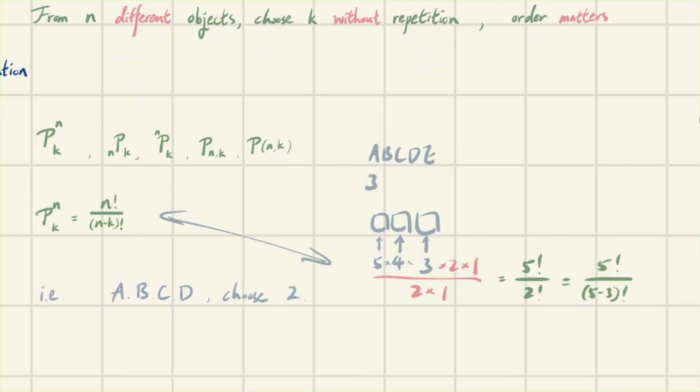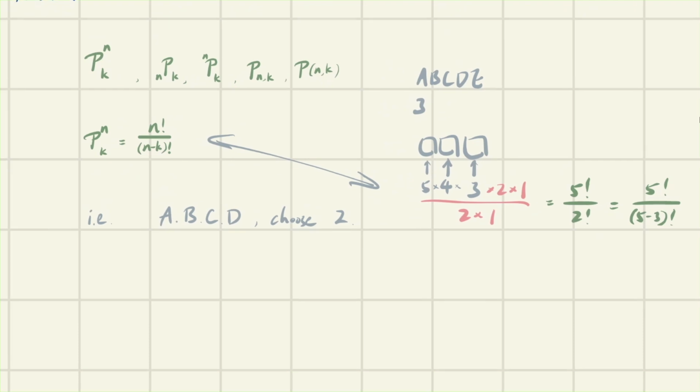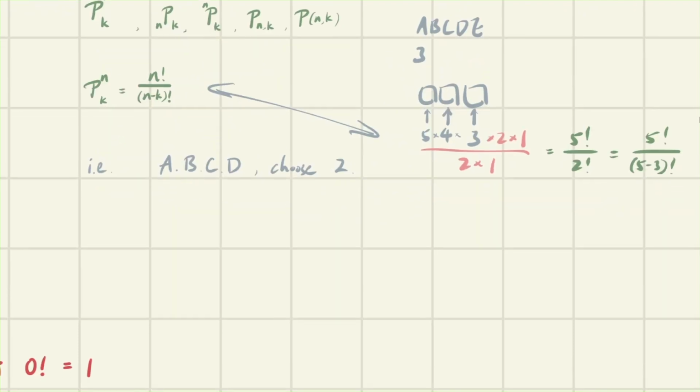So that's basically it. One example will be A, B, C, D, and we choose 2 out. So 2 blocks. First block, 4 options. Second block, 3 options. So it will be 4 times 3.